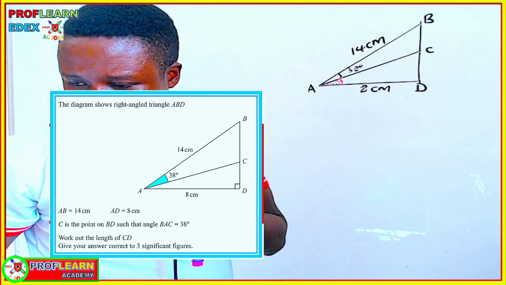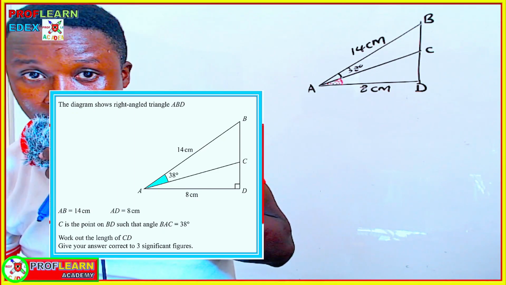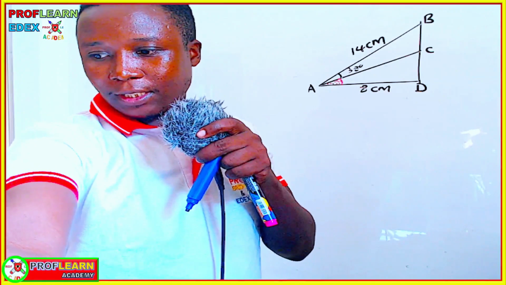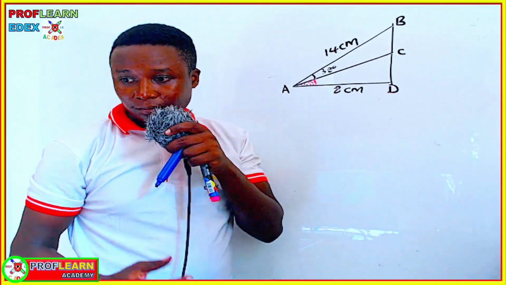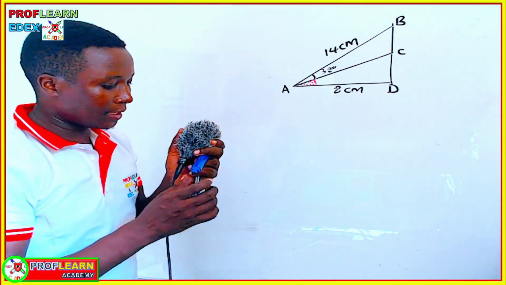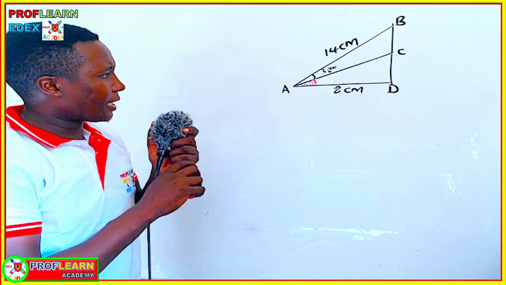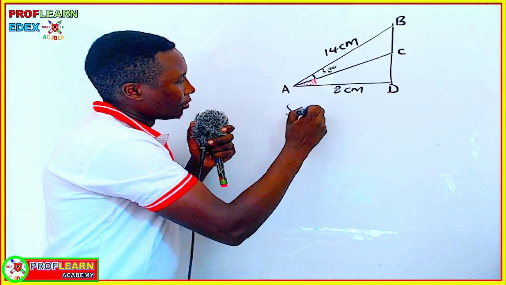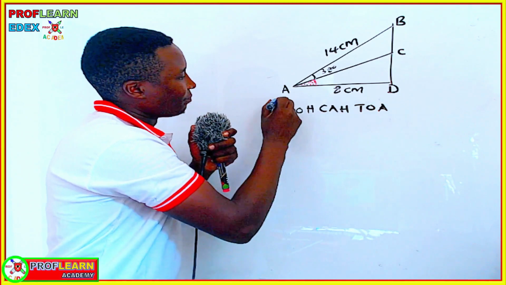Now, I'll want to remove this part of the question from here, so that I can go ahead. Once we have this question set ready, I'll want you to understand that the concept we are using here is SOHCAHTOA.